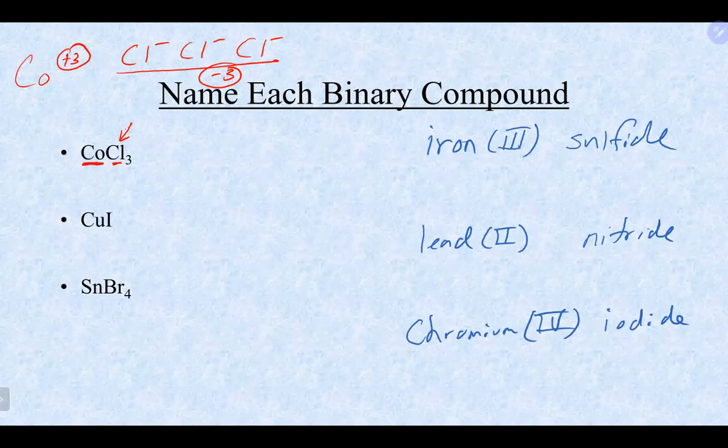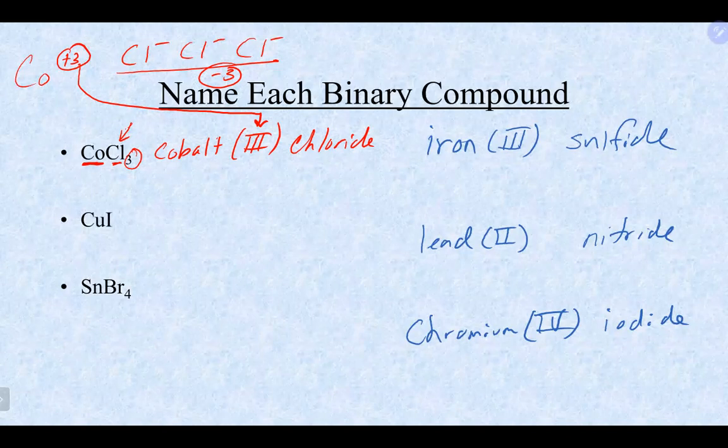So we use the whole name cobalt, and the Roman numeral 3 for the actual charge, not how many we have. This 3 has no effect on the name. So this would be chloride at the end. Any questions on that one?